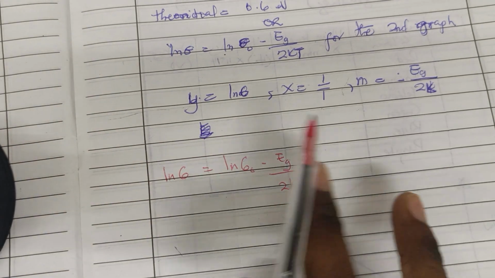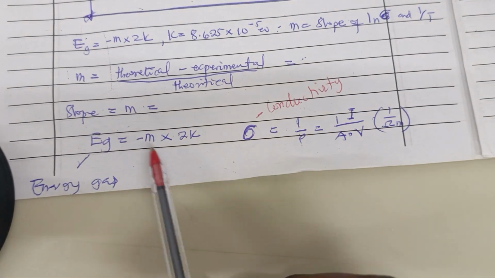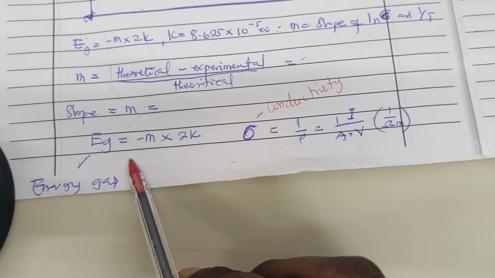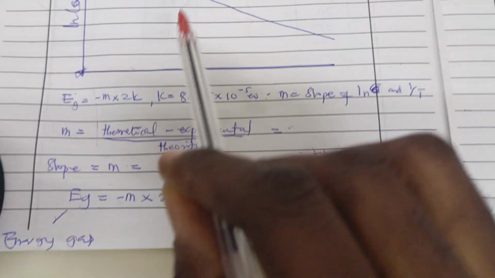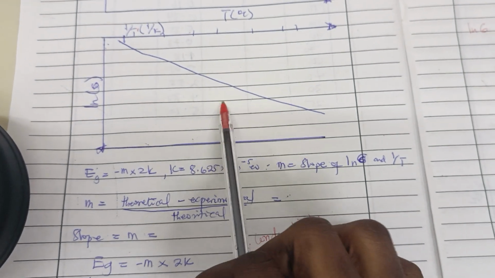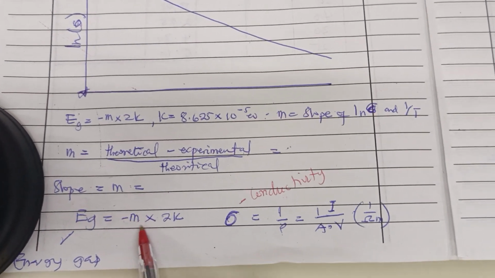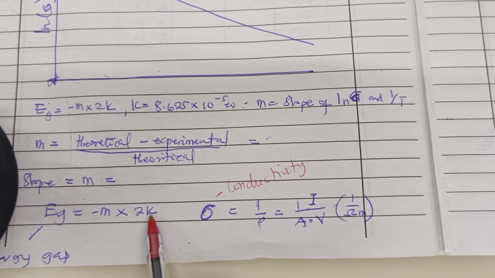Now it's very clear here, we are not deriving or deducing anything. We are just trying to deduce how to get the energy gap. Now this formula tells us that to get the energy gap, we need to negate the slope that we get in this graph, the slope which is negative, times 2k.